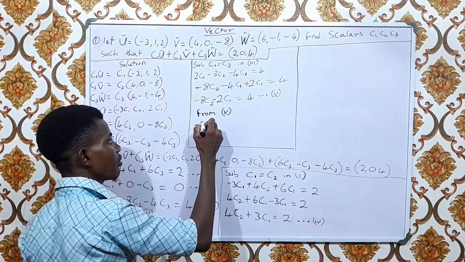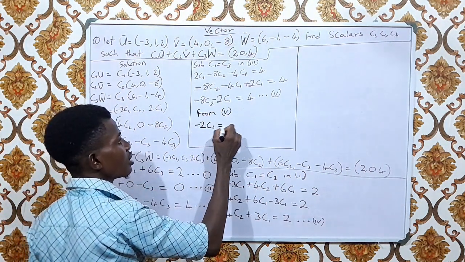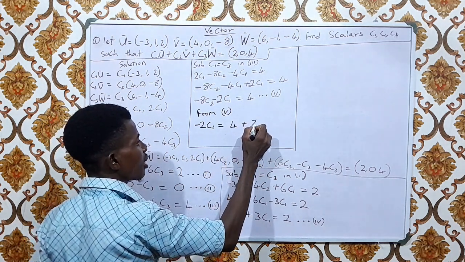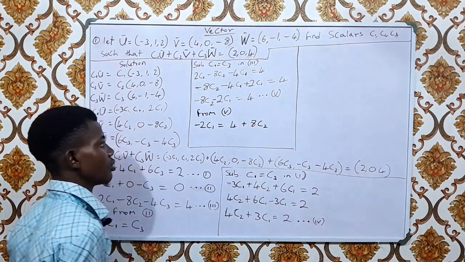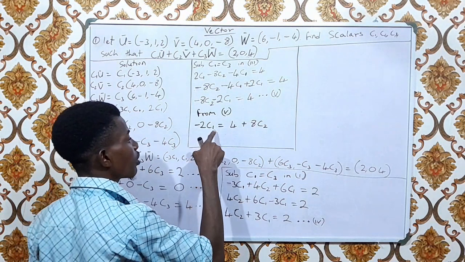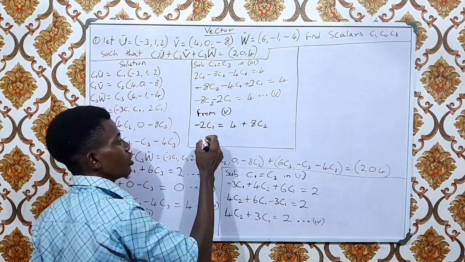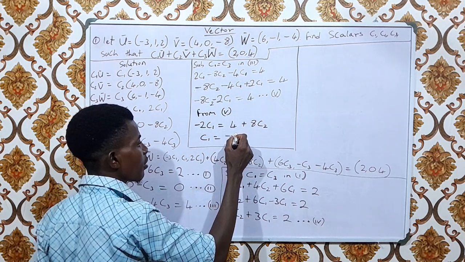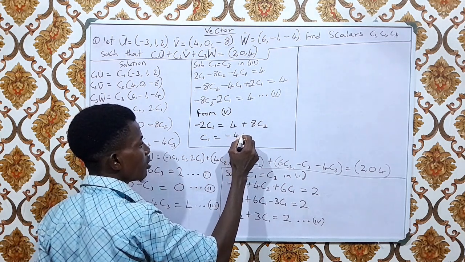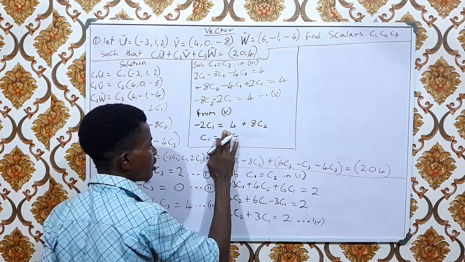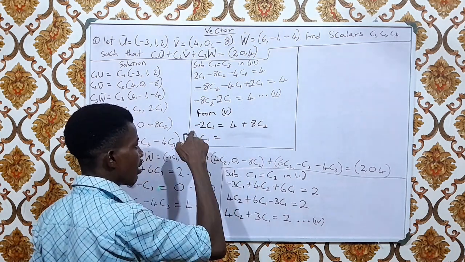So gradually we have 2C1 is equals to 4 plus 8C2. We divide both sides by minus 2. We have C1 is equals to minus 4 minus 8. Okay, let me not go like this. Let me go small. We divide both sides by minus 2.